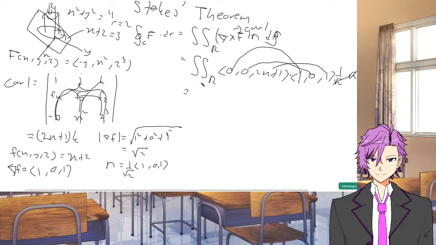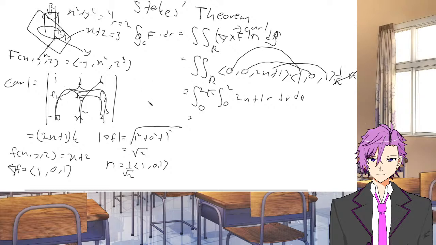So now since this is the region, it's a circle, we have to use polar coordinates, from 0 to 2 pi, 0 to 2, 2x plus 1 r dr d theta. So that's it. That's for this.